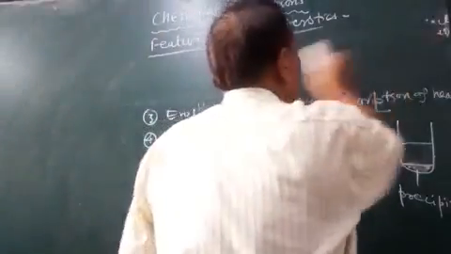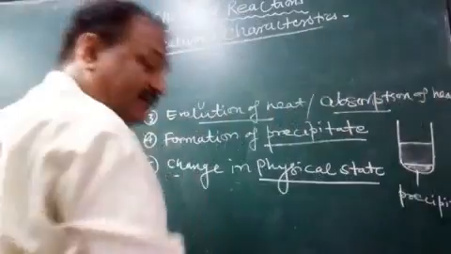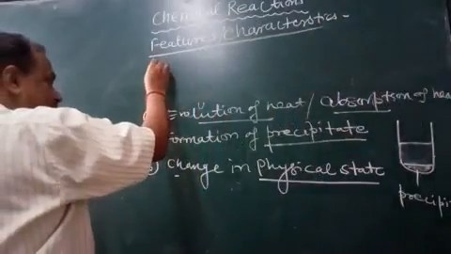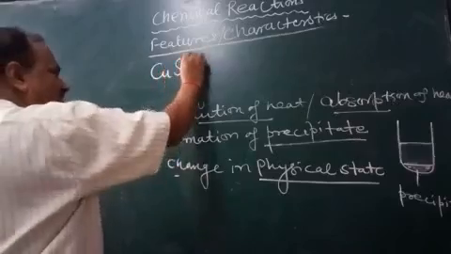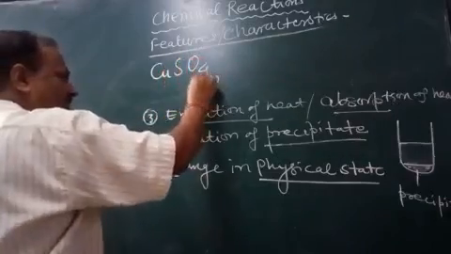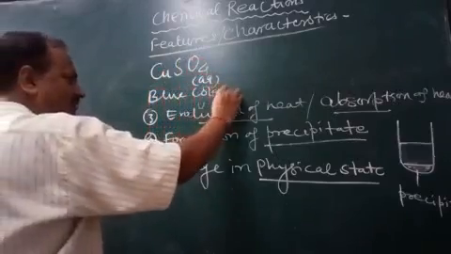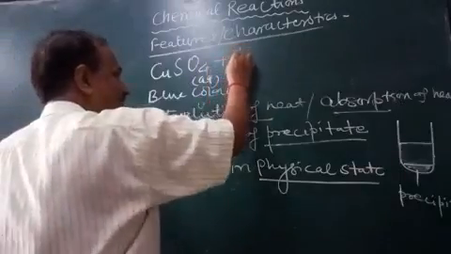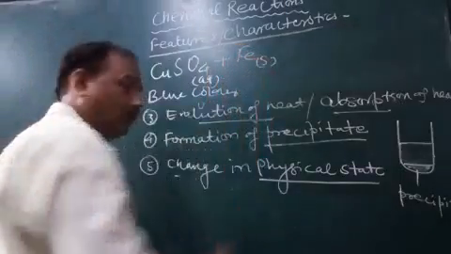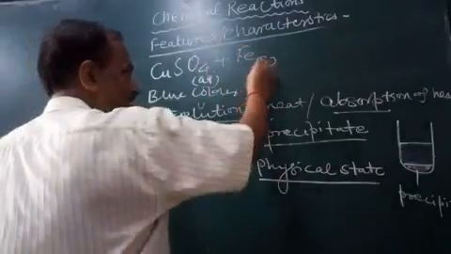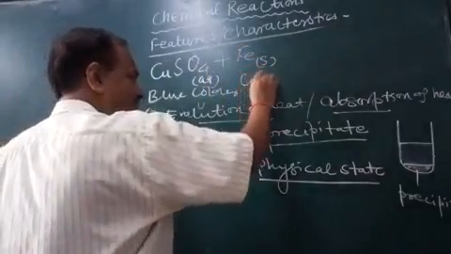Now coming to the other one, this copper sulfate aqueous, it was having blue color. I had kept an iron bolt inside. It was having the gray color.